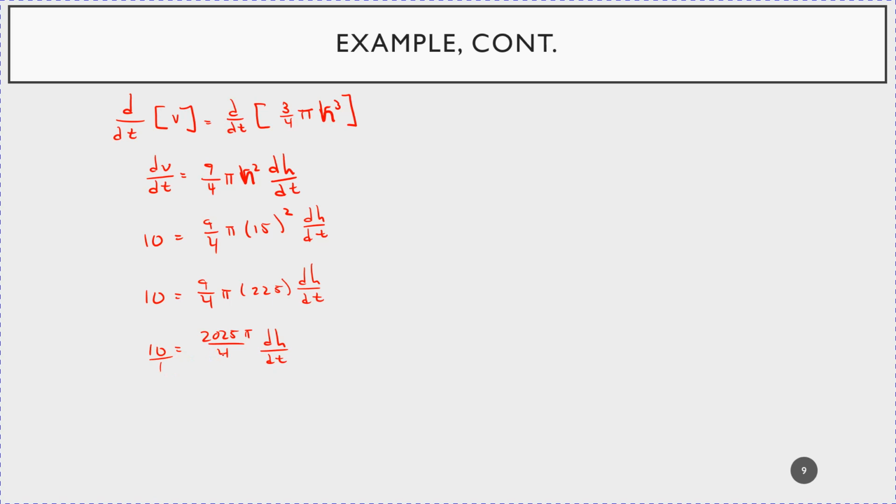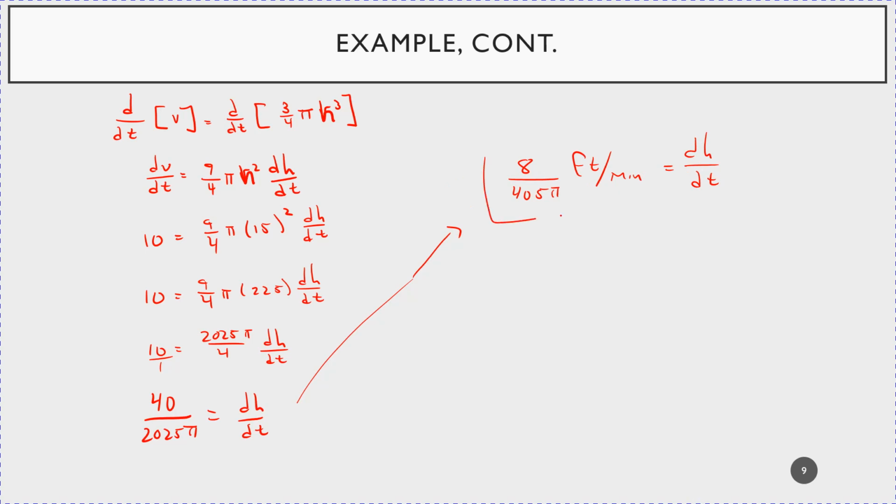So you get 4 times 10, which is 40, divided by 2025 pi. And 5 will go into both of those, so when you simplify, you're left with 8 divided by 405 pi. Then remember this is feet per minute, the rate of change of your height, dh/dt.